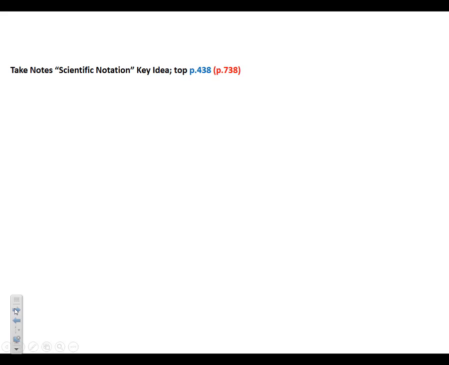But here's the thing you really need to know about being able to look at and read scientific notation. First, you have this number. This number is a factor. A factor is a number that is multiplied by another number. They are both called factors.